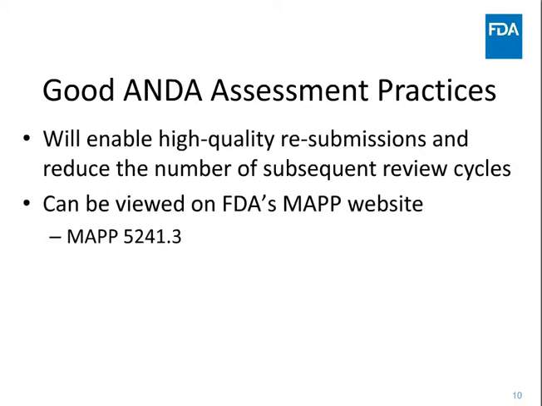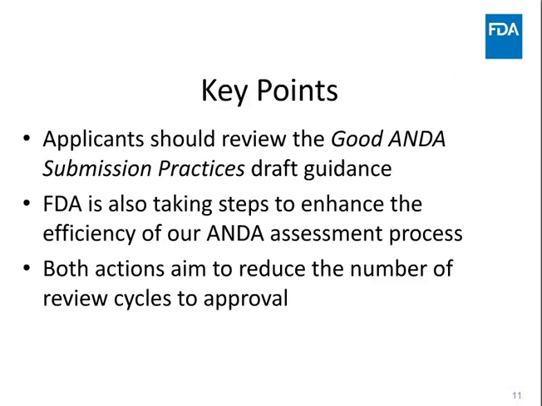And then finally, it makes this all more effective in terms of our communications by really emphasizing that OGD and OPQ will clearly communicate what deficiencies must be corrected for an ANDA to be approved. We hope that making these three changes will lead to higher quality resubmissions, when you're responding back to these deficiencies, and will also reduce the number of subsequent review cycles.